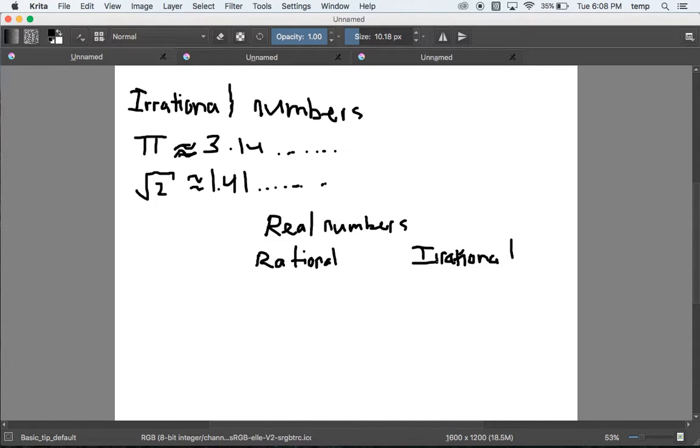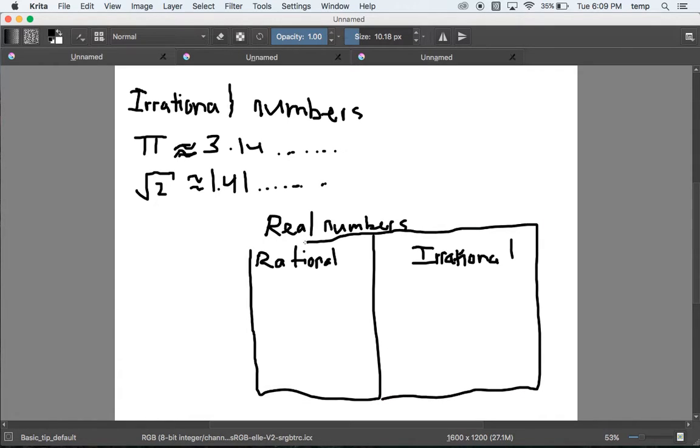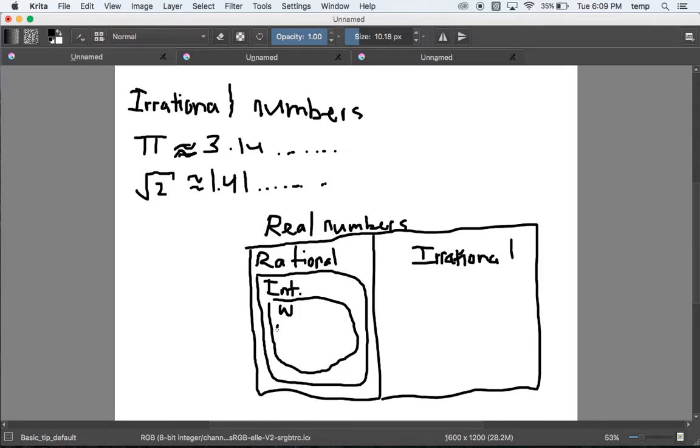So we have rational or irrational, and within the rational you have integers. These are all real numbers. And within rational, you have integers, which I'll just write as int right now because I'm running out of room here. And within integers, you have whole numbers, so I'll just do the capital W. And within whole numbers, you have natural numbers.